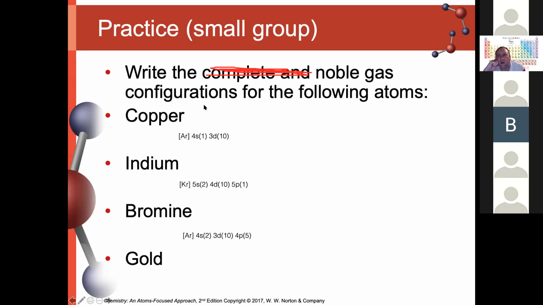Couldn't it be up to 12? If I'm looking at the D block, how many boxes are there? It'd be up to 12 because 3 through 12. Or D orbital, which is 10. Yeah, it's 10.